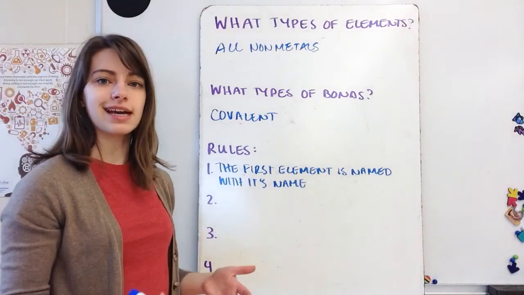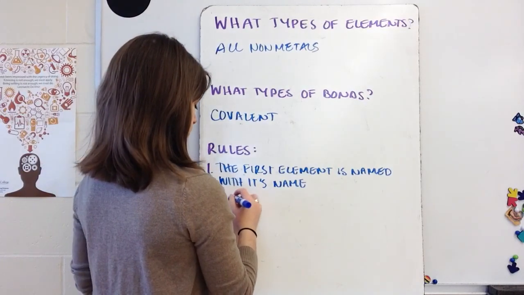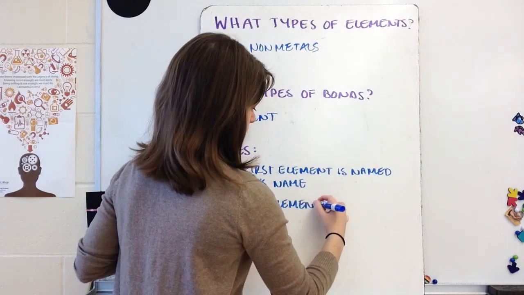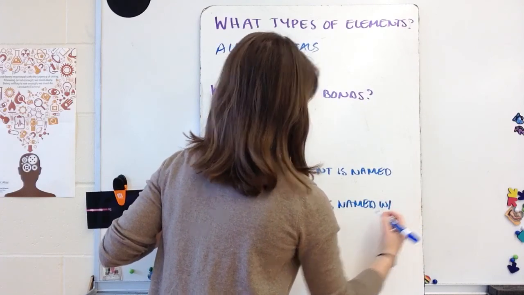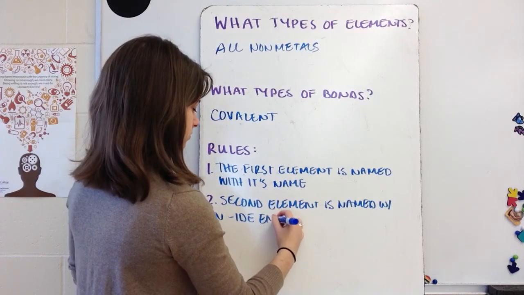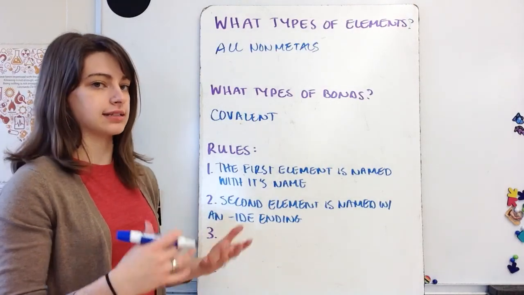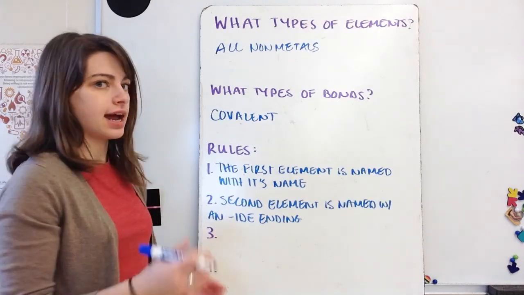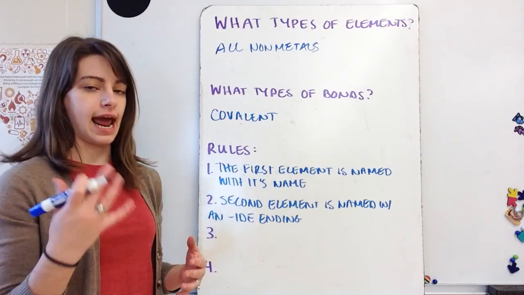Our second rule is that the second element is named with an IDE ending. So if the second element is oxygen, it turns into oxide. If the second element is bromine, it turns into bromide. If the second element is iodine, it turns into iodide. So you're going to take off the ending of the element and add an IDE to the ending.